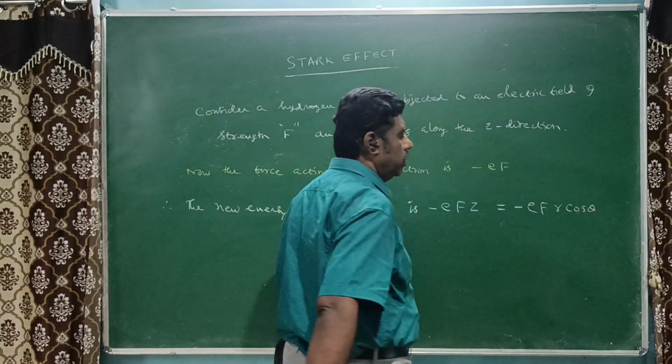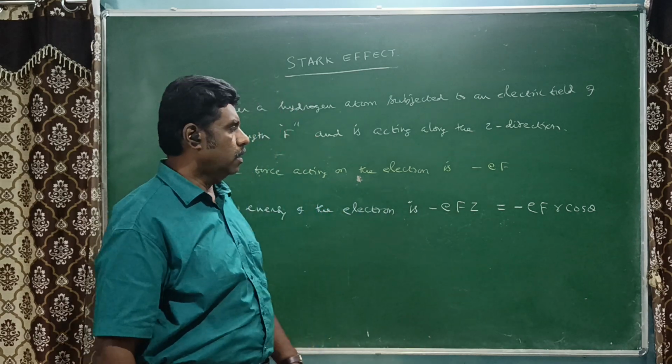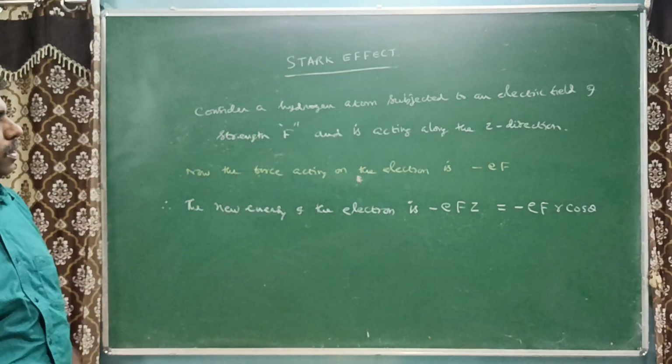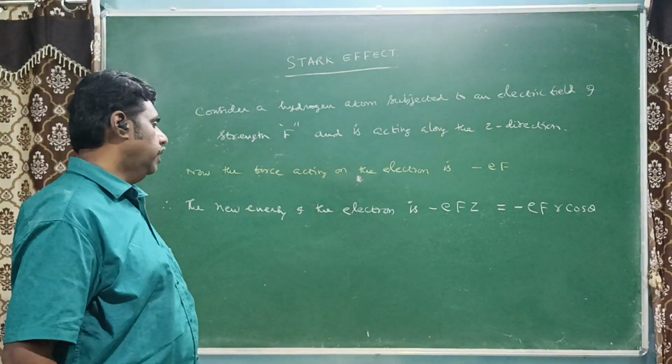Since the potential is spherically symmetric, the value of Z equal to r cos theta. So this is the new energy of the electron if the hydrogen atom is placed in an electric field.